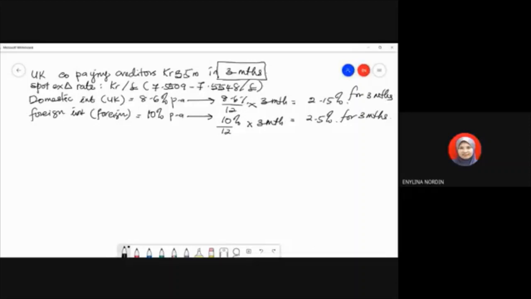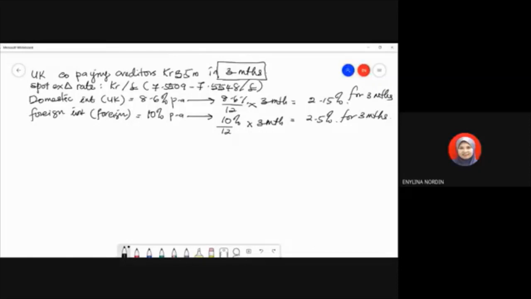If the foreign currency appreciates in 3 months, then when they make the payment, the UK company has to pay more pounds for the kroner. That's why they want to protect itself against this currency risk.